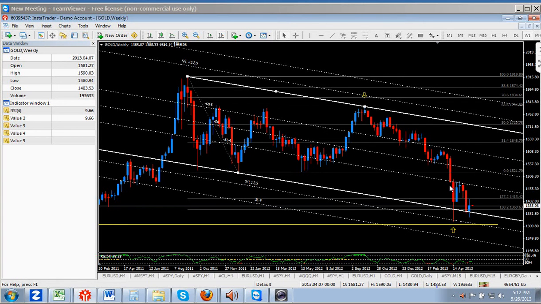Slight pause after traveling 68.6%, but the move was so strong that it blew right by it and went just beyond the lower channel. There's your 12.5%. Look at that. It did not exceed that. So if you're trading the bounce off the lower channel and use 12.5% as your stop loss or thereabouts, you were safe.